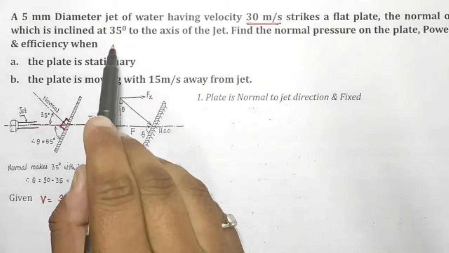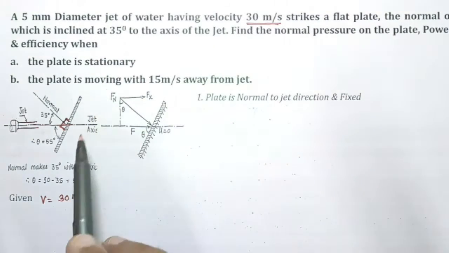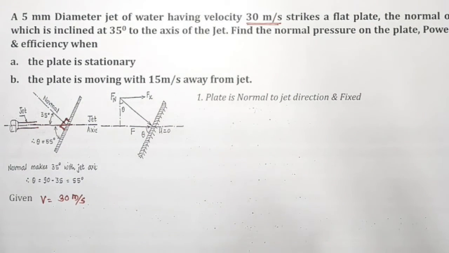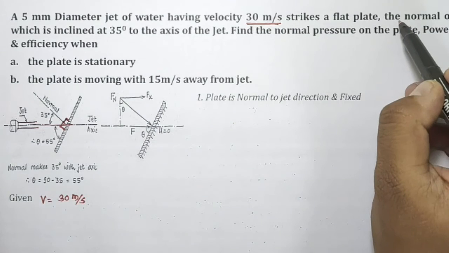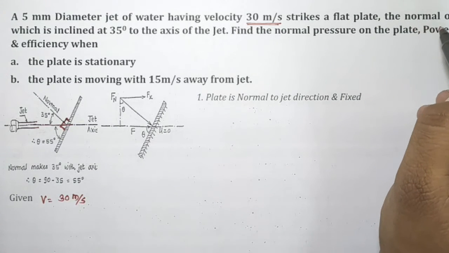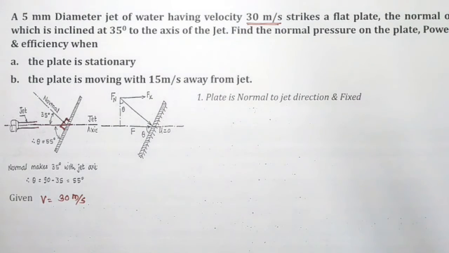If we directly put this value of 35 degree in the equation for finding the force, that ultimately results in a wrong answer. So that thing we have to consider. It is very necessary to understand these problems. We must concentrate on the statements which are given.